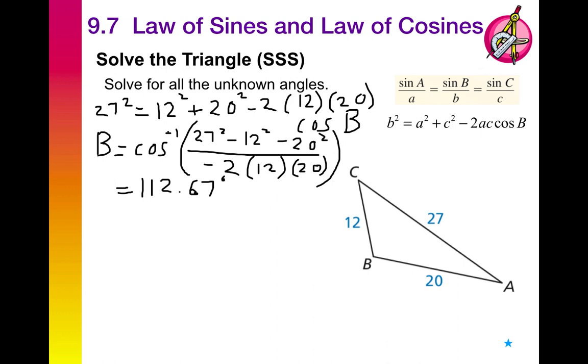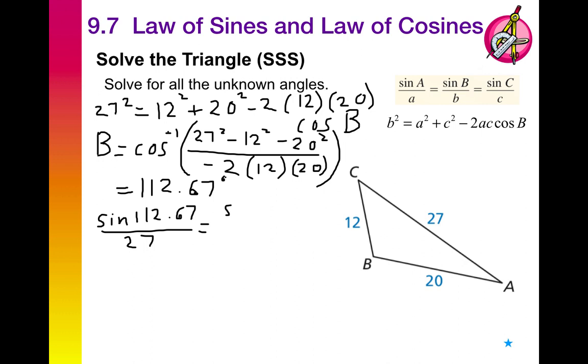So now I have one angle. And now that I have this angle B, and I know what the side B is, now I can use my ratios. So I'm going to plug it into the law of sines, and I'm going to say the sine of the angle B, which is 112.67, divided by the side B, which is 27, is equal to, well, it depends on what angle I want to find.